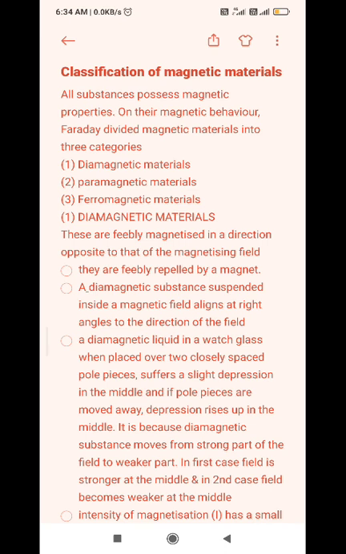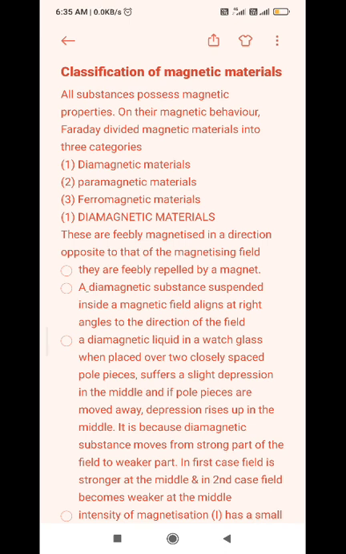Now we have different examples. For ferromagnets we have iron, cobalt, nickel, and for diamagnets we have copper, zinc, bismuth, silver, gold, lead, glass, marble, water, helium, argon, sodium chloride.